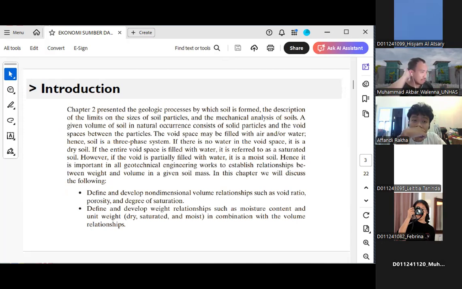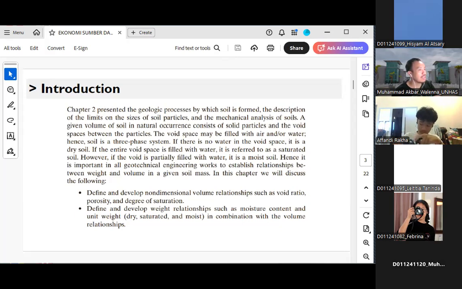In civil engineering, soil is one of the most important materials that we work with, just like concrete or steel, which are major components of civil engineering infrastructure. But soil is more complicated, because it is naturally formed and not manufactured.